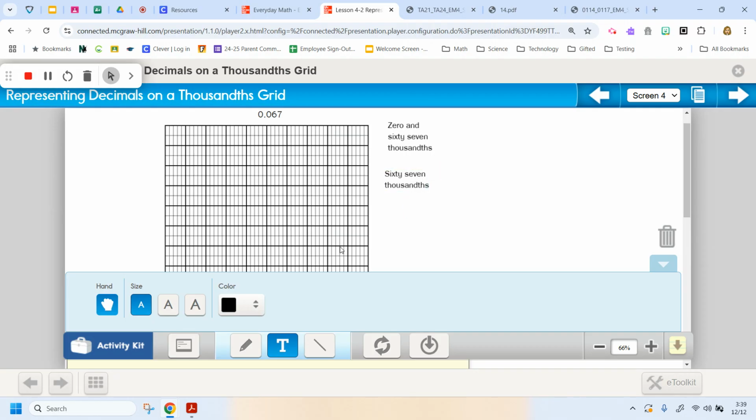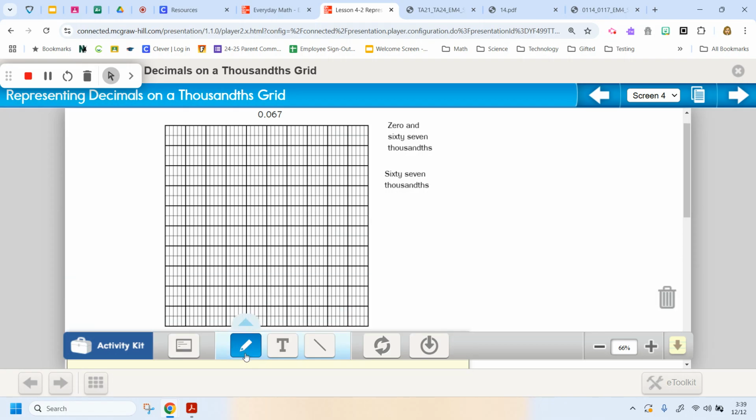On your practice, you just need to have at least 3 names. But could I write it as a fraction? Would that be another way to write it? I would have 67 in my numerator and 1,000 in my denominator. I could also write it adding zeros onto the end of it.